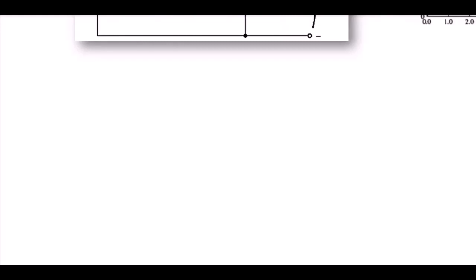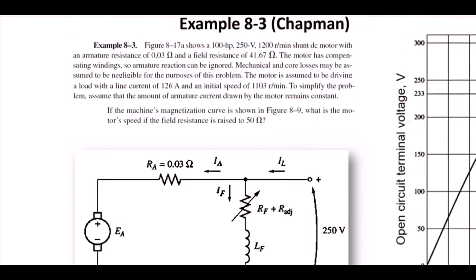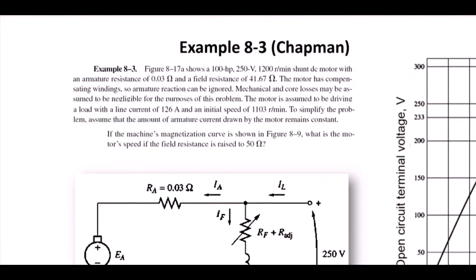As the example mentions, there are two conditions. First is when RF is equal to 41.67 ohms, and second is when RF is equal to 50 ohms. This value here is actually the sum of RF and R adjustable. If you see on the schematic diagram, it is RF plus R adjustable.